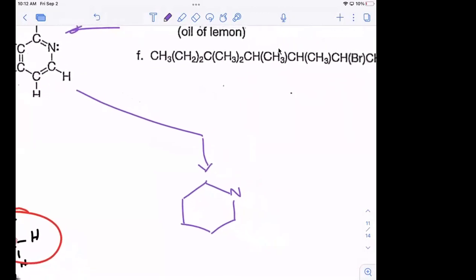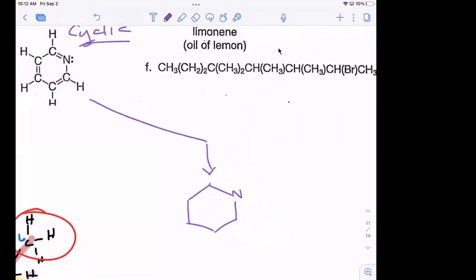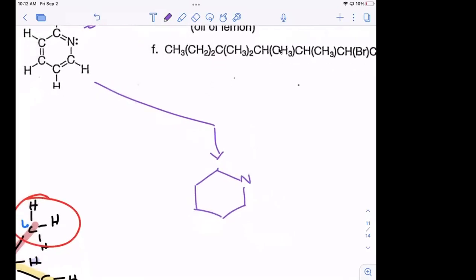What else do I need to put in? Look at the ring and tell me what I need to add. The double bonds. Good, excellent. I need to add in my double bonds to this ring, right? So I'm going to put them in just like I see them up top. I'm going to put one here, one here, and one here, and I'm going to put that lone pair back on nitrogen. And that's it, right?